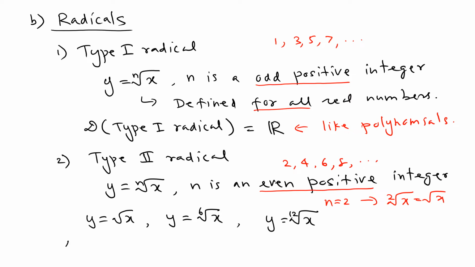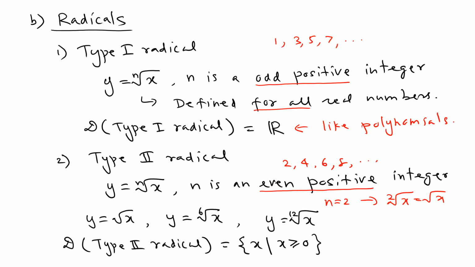So the domain of a type 2 radical is all x such that x is greater than or equal to 0.